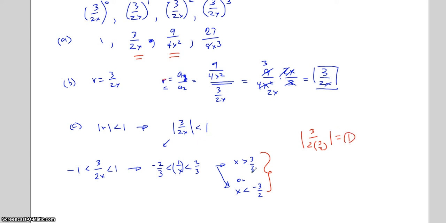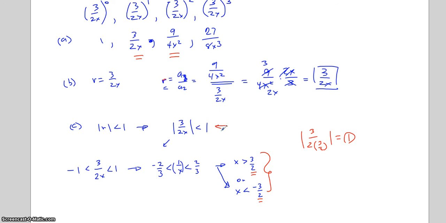So it makes sense that 3/2 is a break point, and if the reciprocal is going to be squeezed between these two numbers, that means the original number has to be outside that range. Hopefully that's clear. That's maybe a little more complicated than I might even ask you to do, at least that part of it.